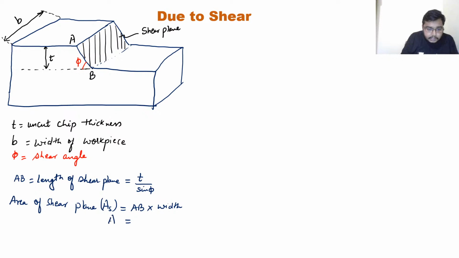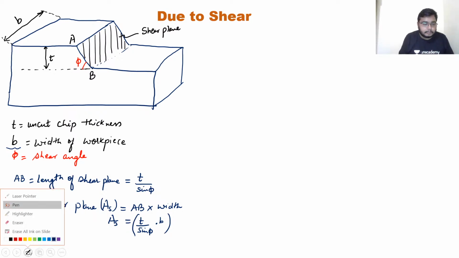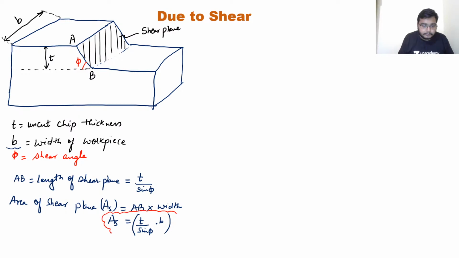AB is T by sine phi, and width is given as B. So this is your area of shear plane. Clear?